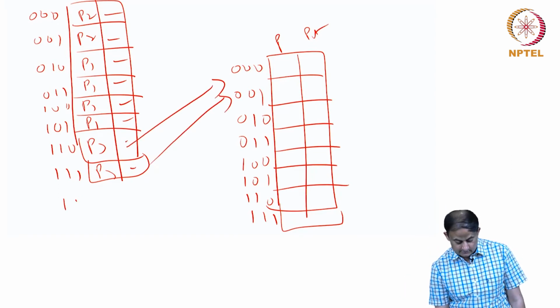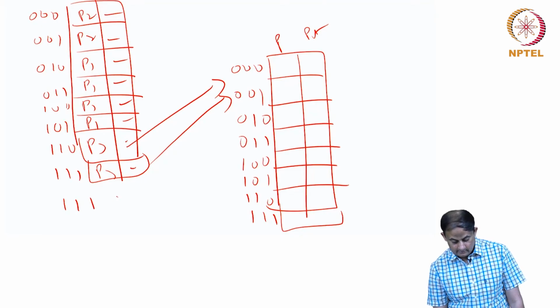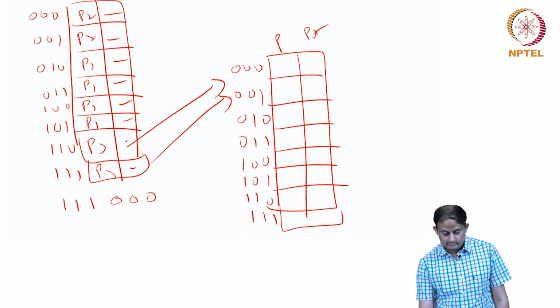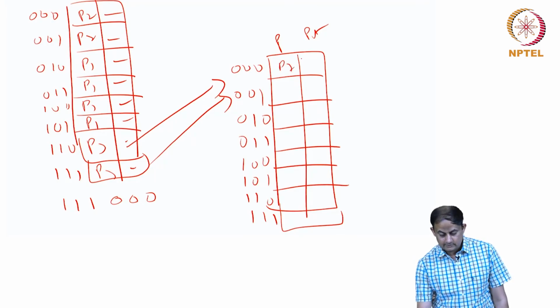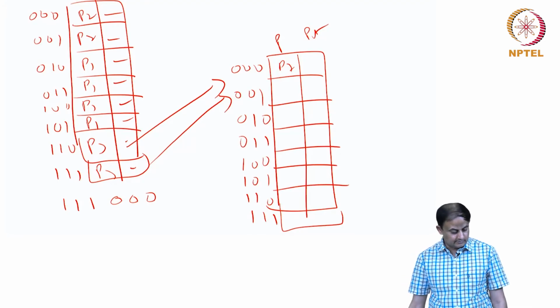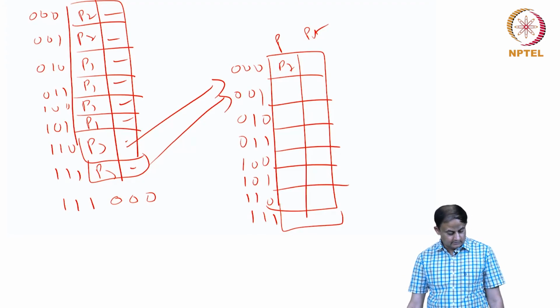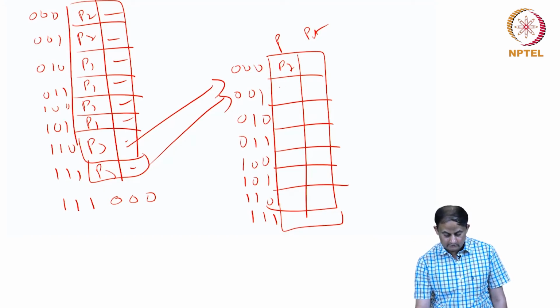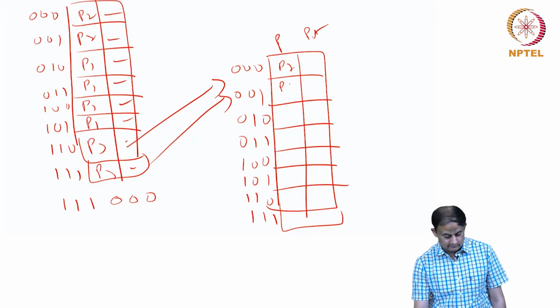If IP address is 1 1 1 1 followed by 3 zeros. So, 1 1 followed by 0 0, P7 is the best match that you can find out among these set of the prefixes, and 1 1 followed by 0 1 is again the best match that you can find is P7.